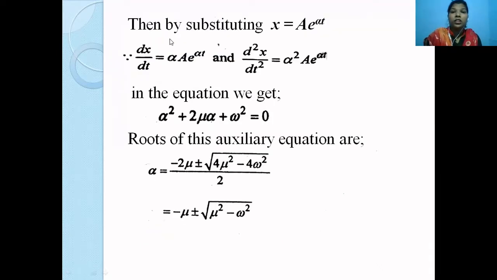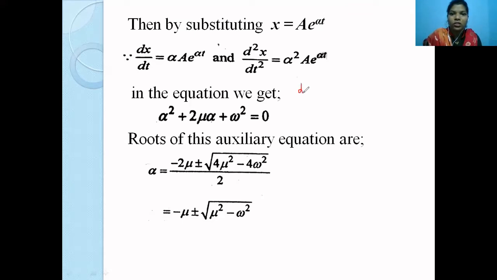I'm going to take its first derivative and its second derivative, and then substitute the value of x, the first derivative and the second derivative in the equation. If x equals a e raised to alpha t, then dx by dt is simply alpha a e raised to alpha t, and the second derivative d2x by dt square is alpha square a e raised to alpha t. Now we substitute these values in the equation.